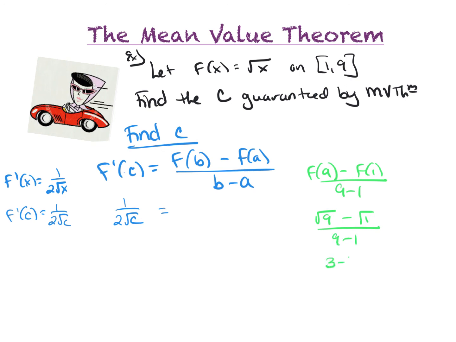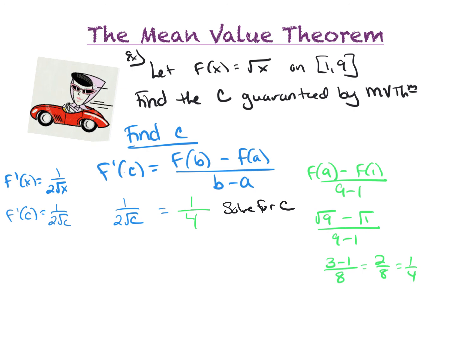So we have 3 minus 1 over 8, or 2/8, 1/4. So the derivative is given by 1 over 2 root c, but the slope of the line between the 2 points is 1/4. And all we have left to do now is solve for c.